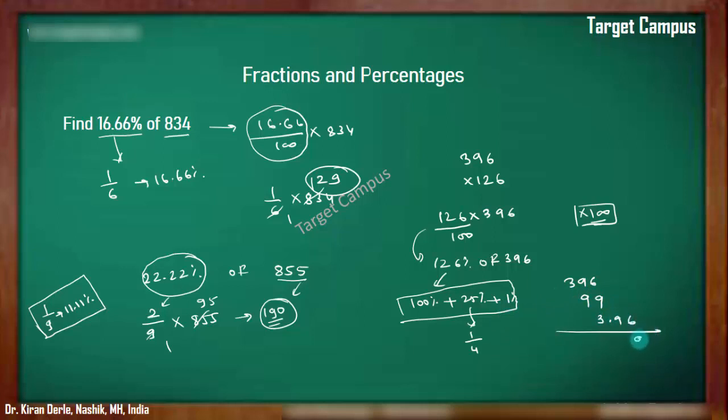So this becomes 498.96. This was decimal, but as I have to multiply again with 100, I'll just cancel out that decimal. So this is my final answer, 49,896. This is how these fractions help us in calculations.